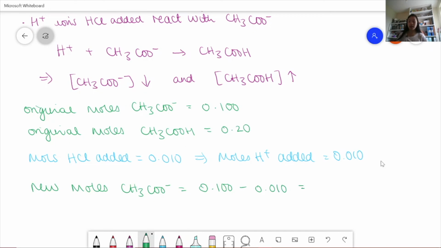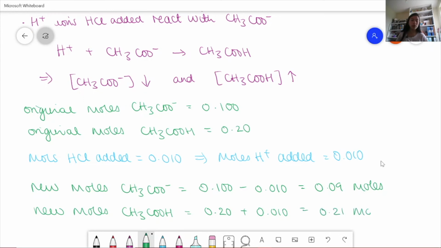And so what we get is 0.09 moles. And then we do the same for the ethanoic acid. So we've got new moles of ethanoic acid is equal to the original. And this time we're adding the moles of H+ added because the concentration overall of the ethanoic acid will increase. And so we get 0.21 moles.